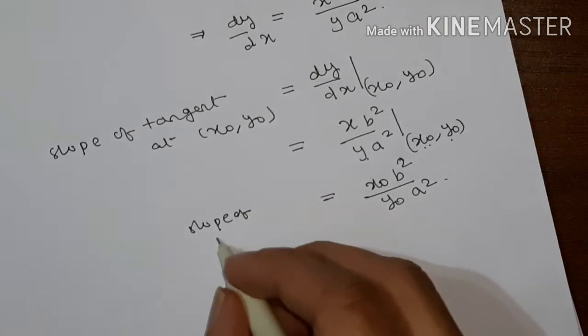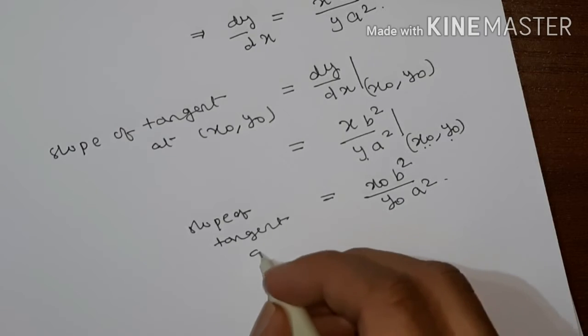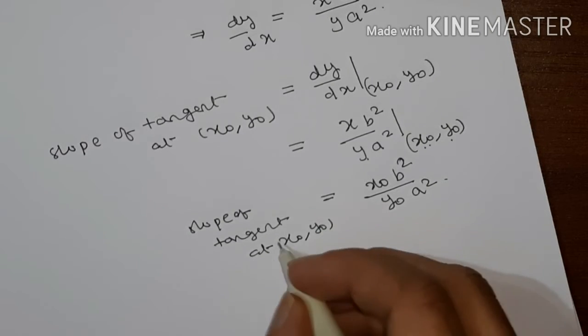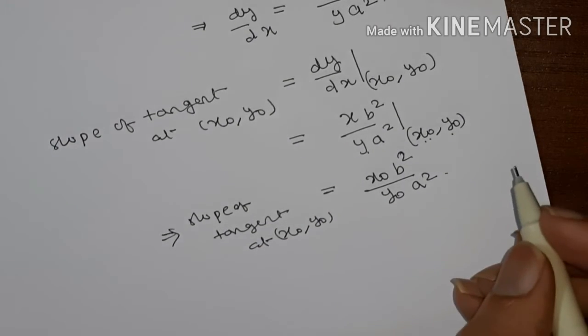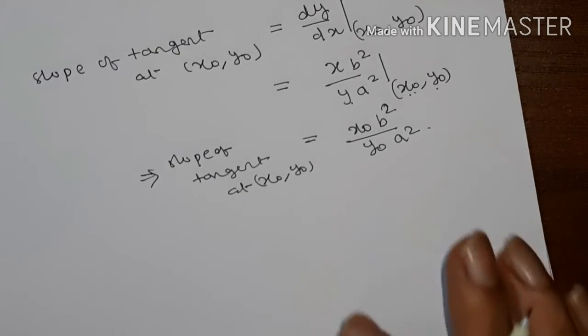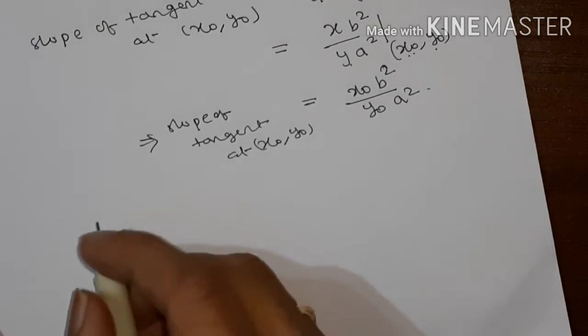Slope of tangent at x naught comma y naught. Okay, now we have to find the equation of the tangent first.